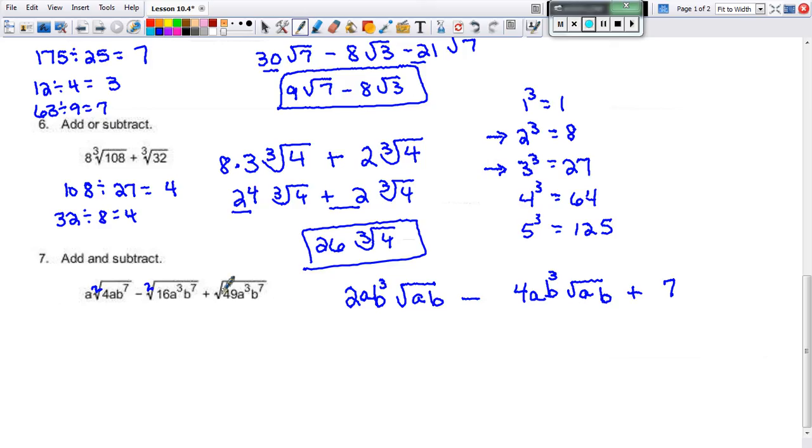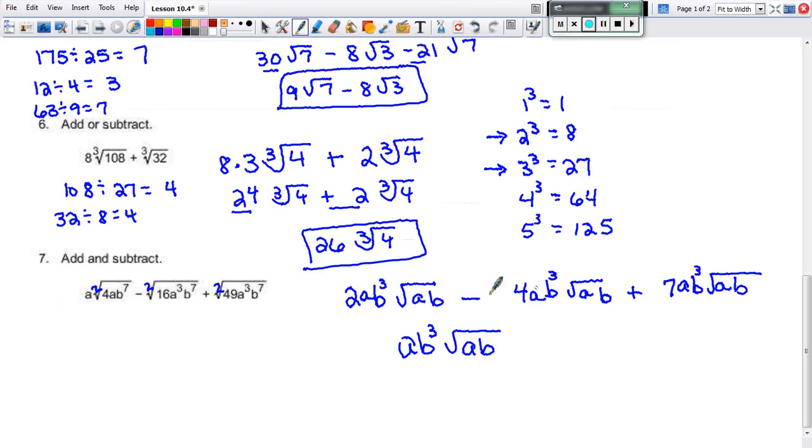For my a's, 2 goes into 3 one time with 1 left over. And for my b's, 2 goes into 7 3 times with 1 left over. So all of these are a b cubed times the square root of ab.